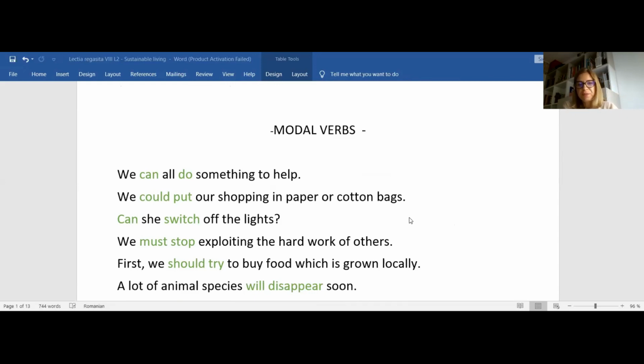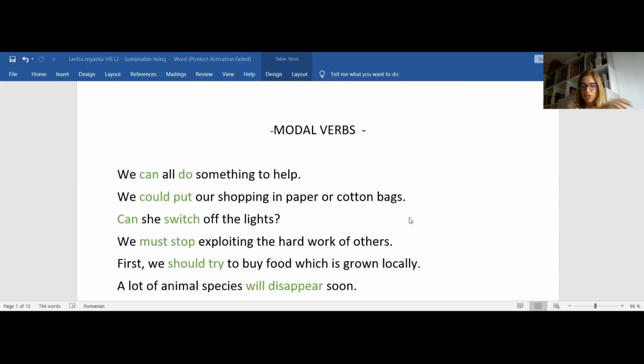And I'm going to start our discussion with six sentences which I've taken from the recording we've listened to earlier. And all of them contain a modal verb.